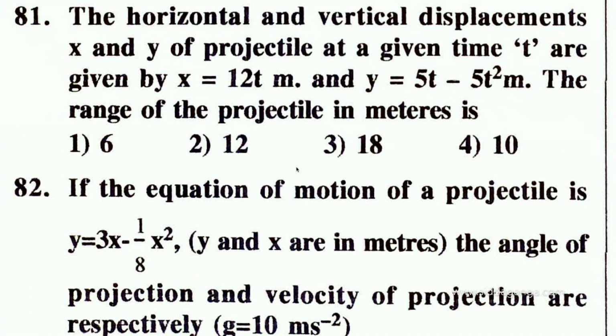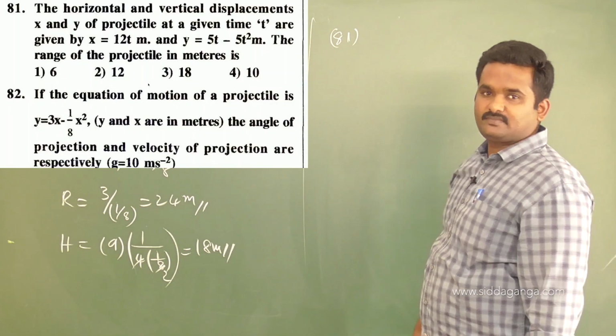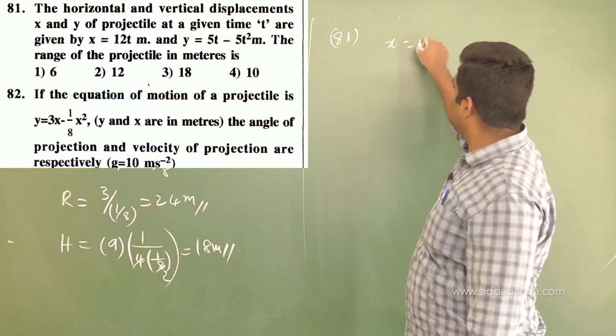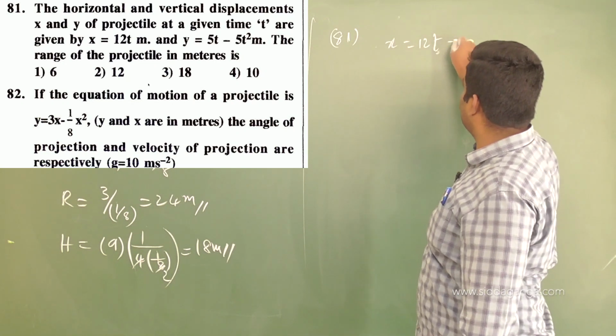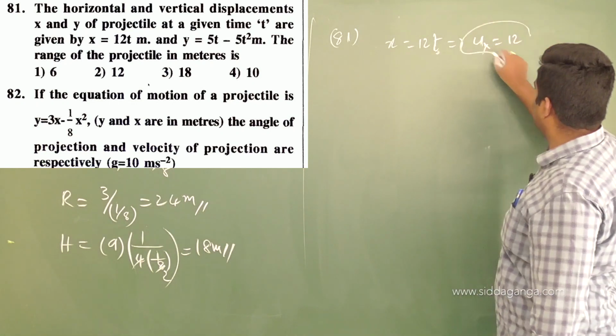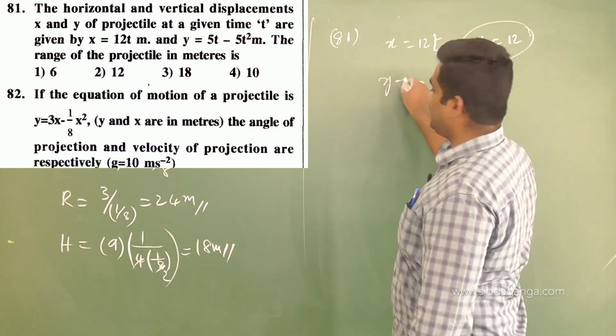See in this equation, I will take this 81st, x equals to 12t, x equals to 12t means ux is how much? 12 here indirectly. And what is the value of y?